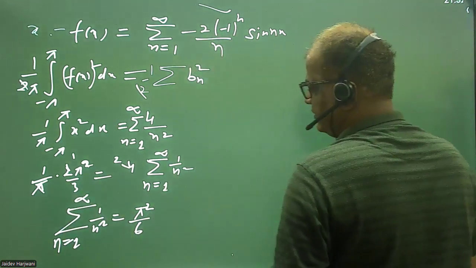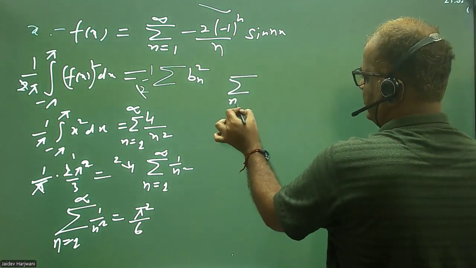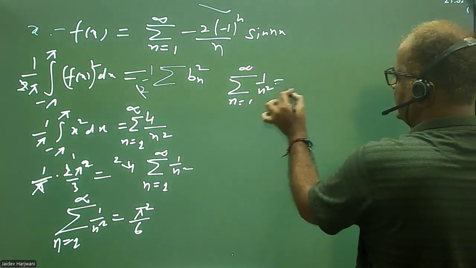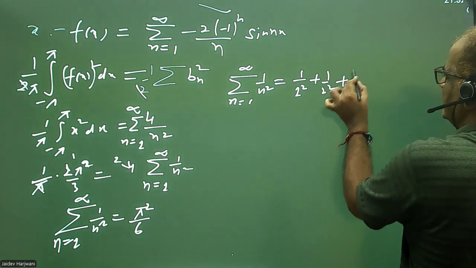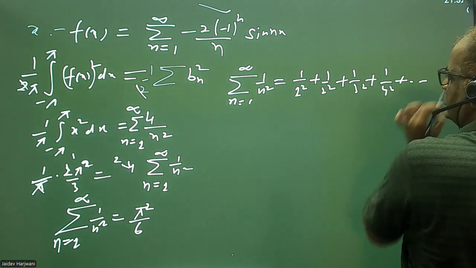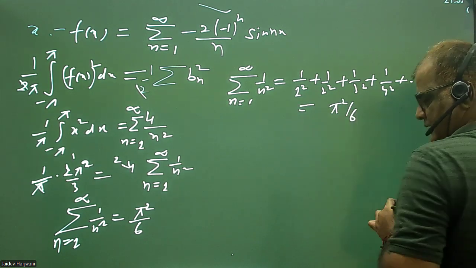Now this is the series n equals 1 to infinity of 1 upon n square. What is this? This is 1 upon 1 square plus 1 upon 2 square plus 1 upon 3 square plus 1 upon 4 square, and so on. And this value is pi square by 6.